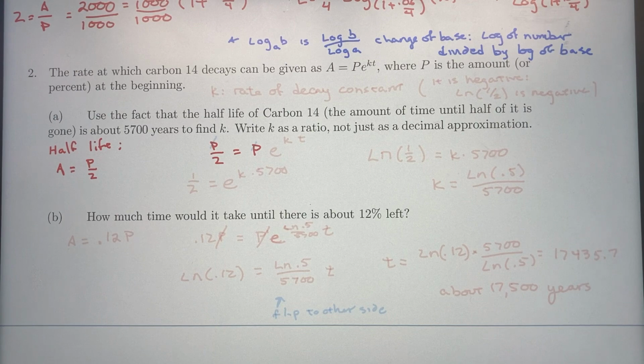Don't mess with the original amount. The fact that it's e to the kt, as opposed to some random base to the nt, is not really a coincidence. Let me just write down that k is a decay constant, rate of decay.